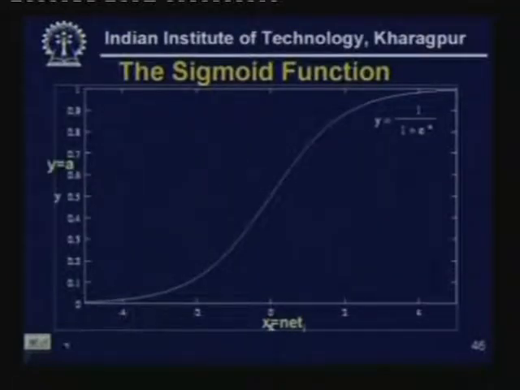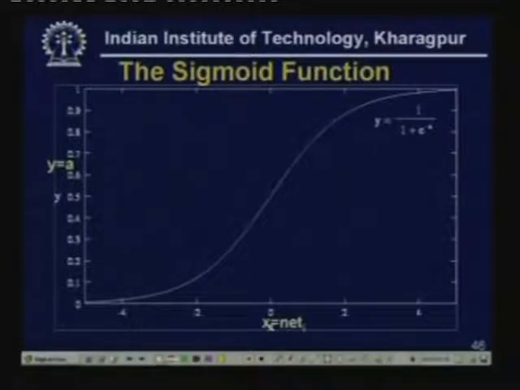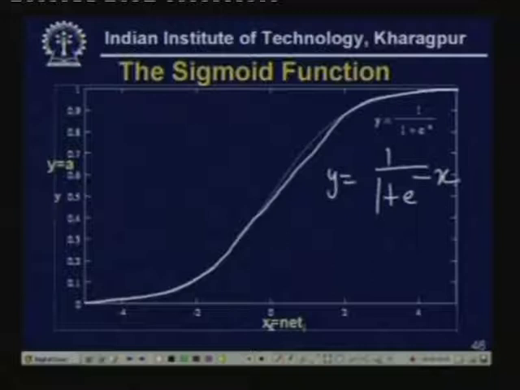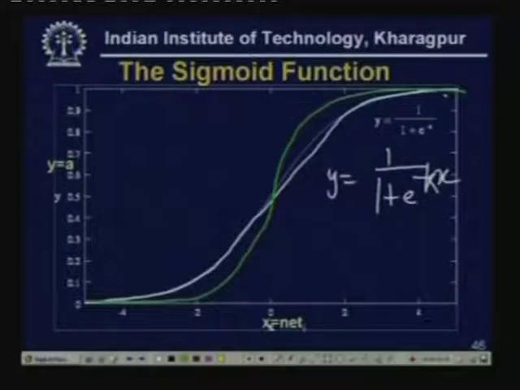So, this is the sigmoid function, an example of a sigmoid function. The sigmoid function is y equal to 1 by 1 plus e to the power minus x. Now, if we add another factor k, this function corresponds to k equal to 1, but if we vary the value of k, we will get other functions which are steeper than this sigmoid function.